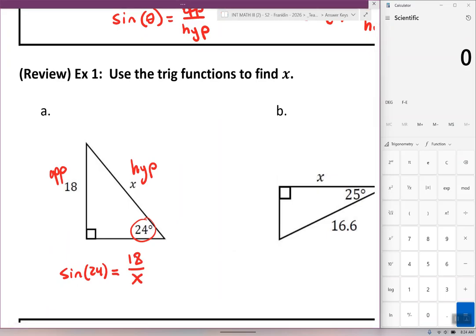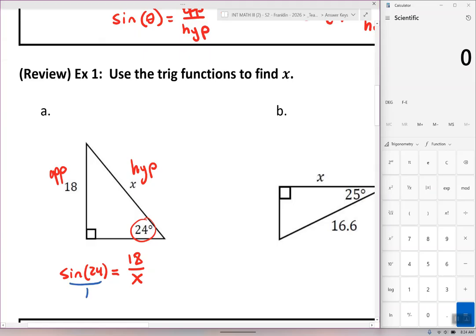And with a little cross multiplication algebra, I know that to find x, I have to do 1 times 18 divided by the sine of 24. So that's just 18 divided by the sine of 24, which is 44.25.